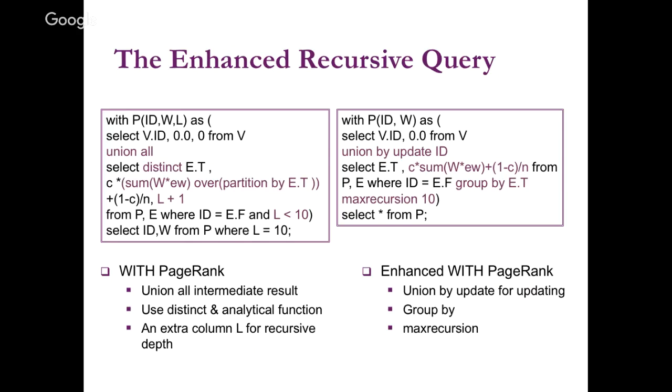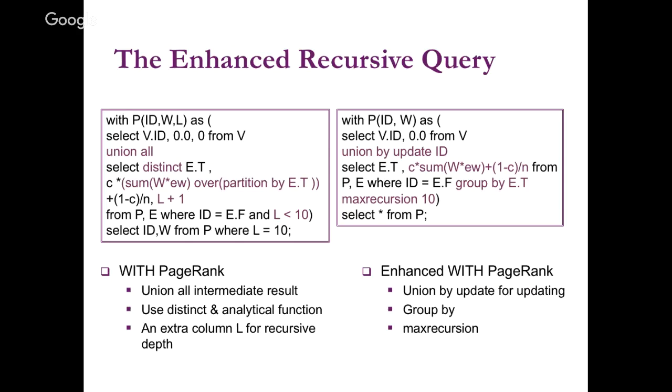Okay, so come back to our enhanced recursive query. Here we use the example of PageRank to demonstrate the differences between the original recursive query and our enhanced recursive query. Please note the original WITH query of PageRank can only be supported in Postgres. The differences lie mainly in 3 points.